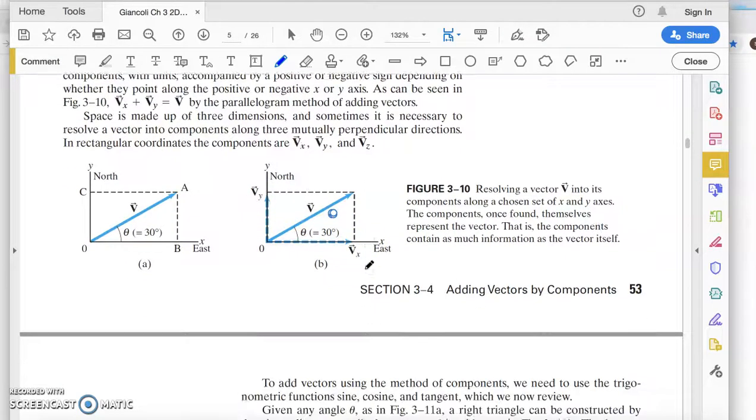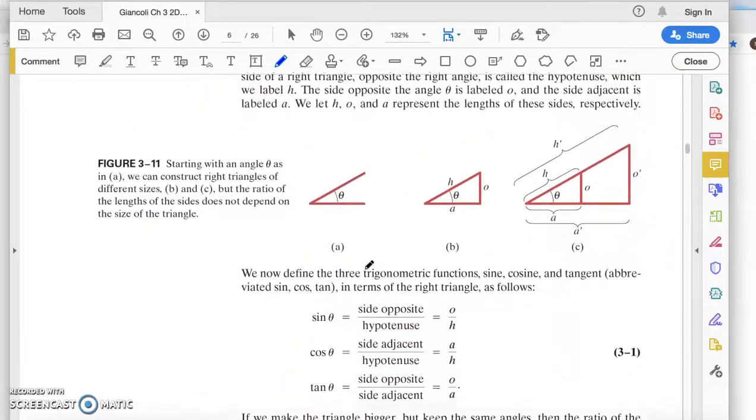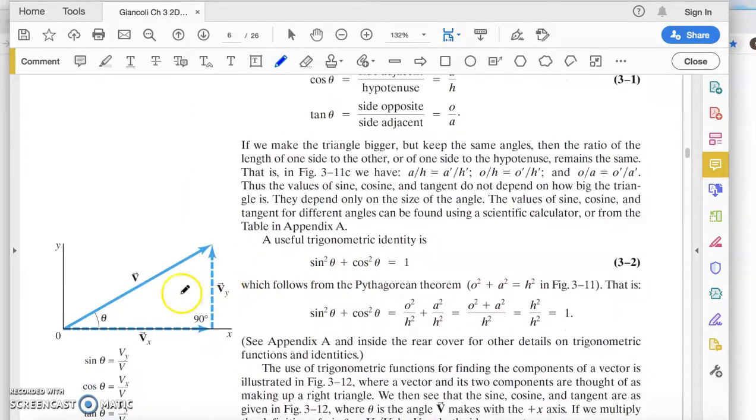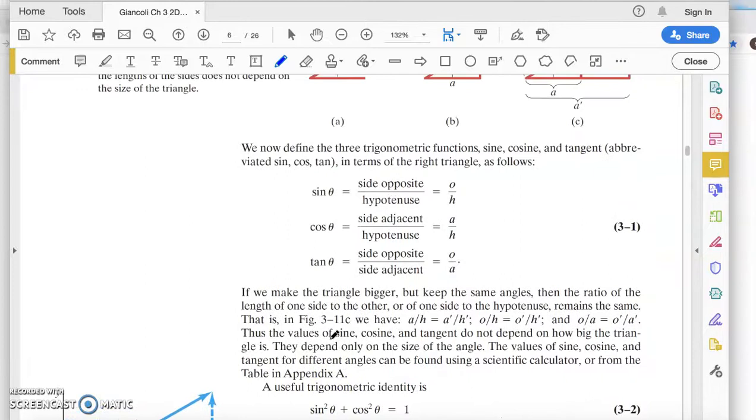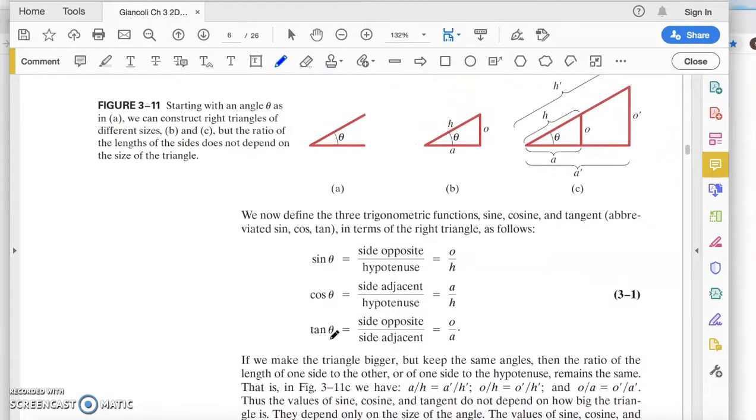By the way, you don't have to go through all that. If you see the picture and you understand what is going on, this is only to explain things for the students who maybe forgot what's going on.